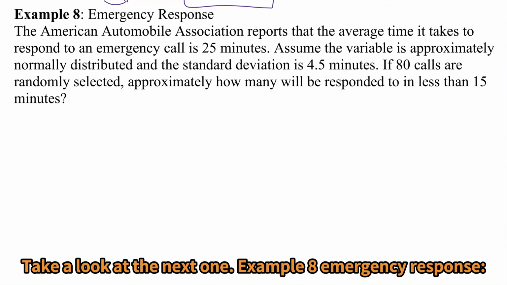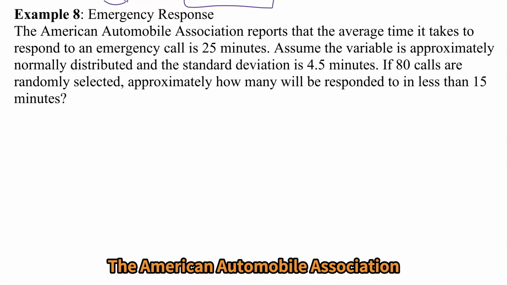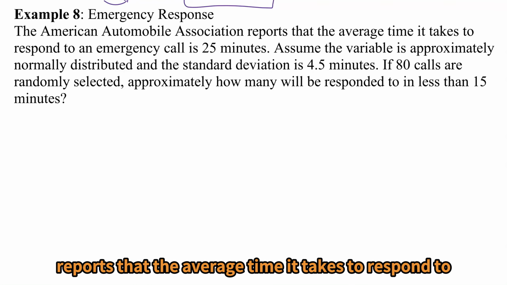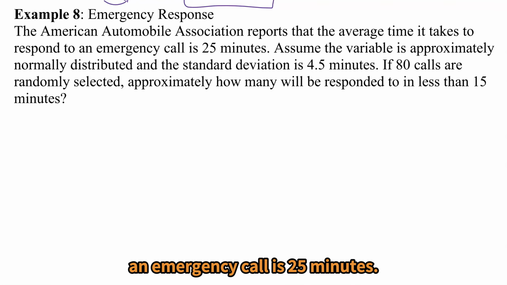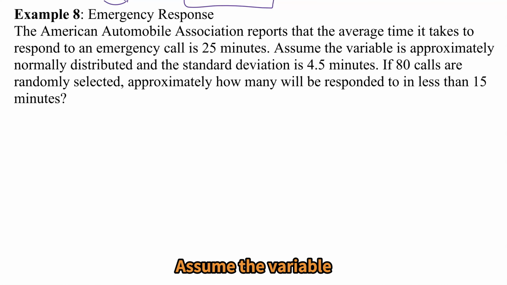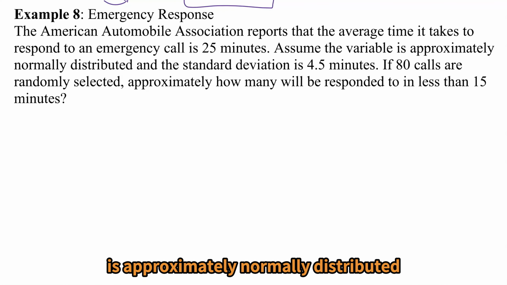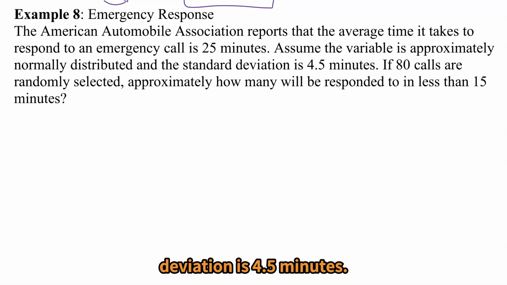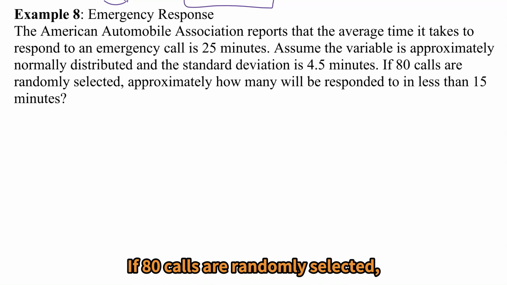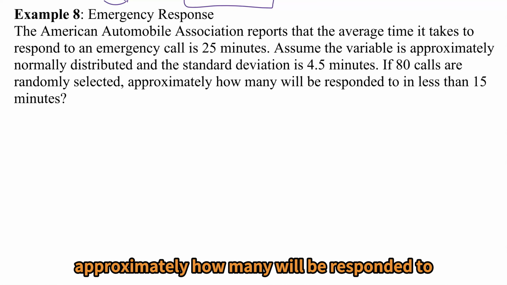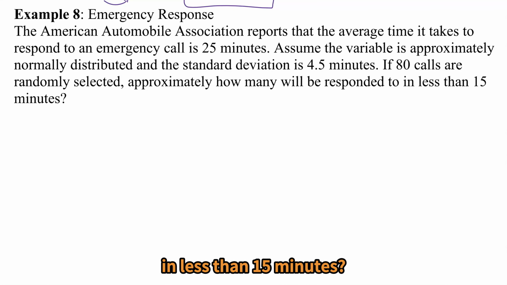Example 8, emergency response. The American Automobile Association reports that the average time it takes to respond to an emergency call is 25 minutes. Assume the variable is approximately normally distributed and the standard deviation is 4.5 minutes. If 80 calls are randomly selected, approximately how many will be responded to in less than 15 minutes?